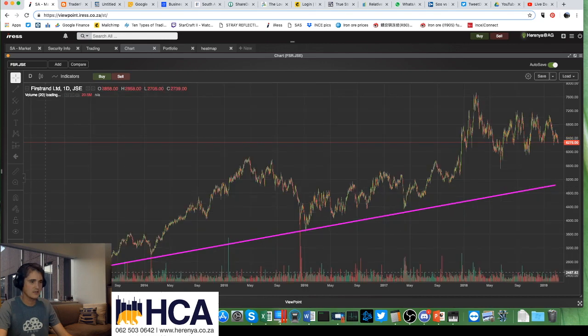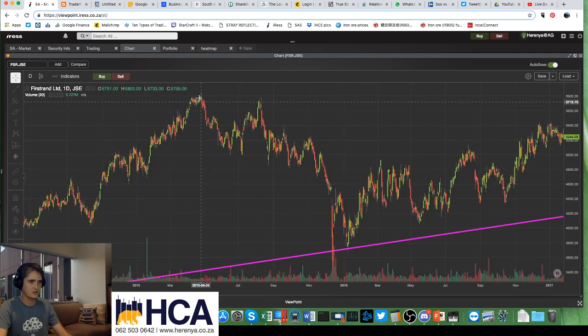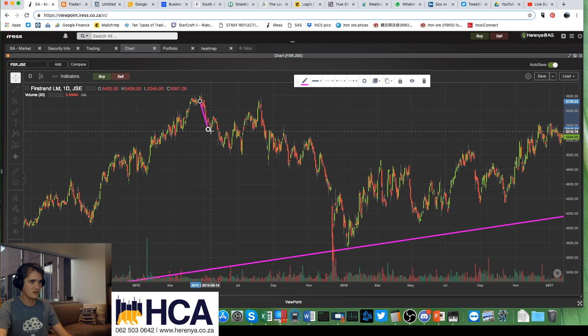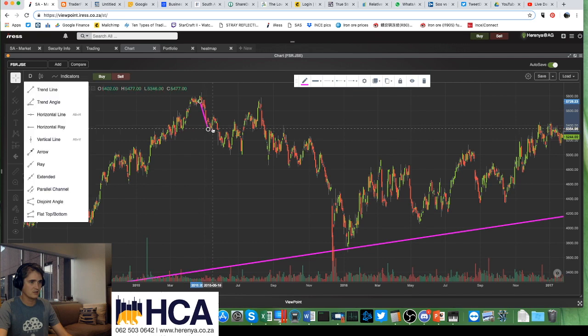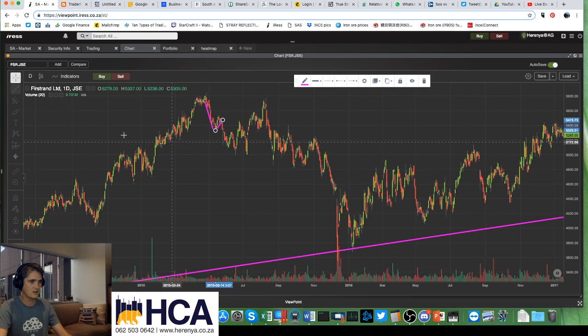This is our primary trend, this is our secondary trend, and then in here we have our tertiary trends, which is the smaller movements. So we'll zoom in a bit to see tertiary trends. Those moves here are all tertiary trends. So from there to there, from there to there, to there.